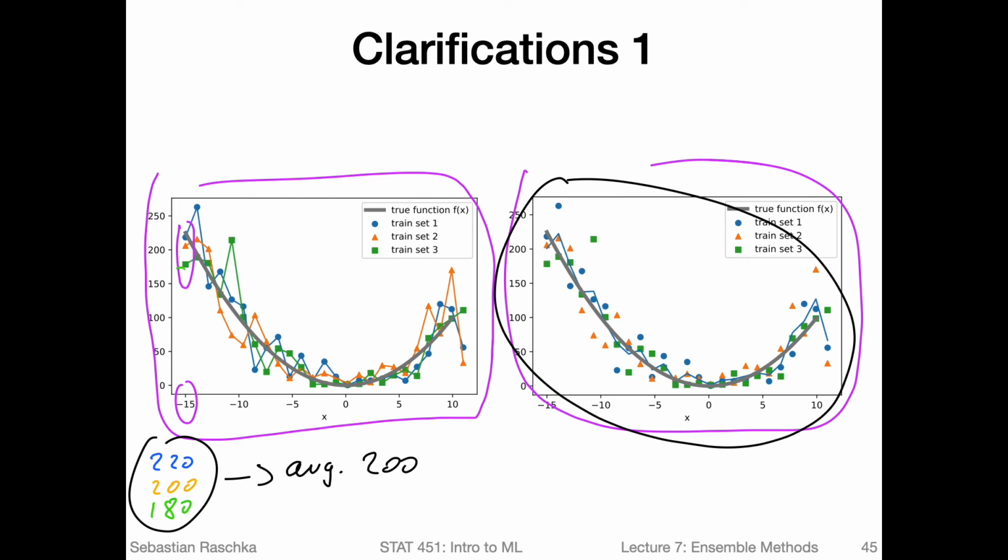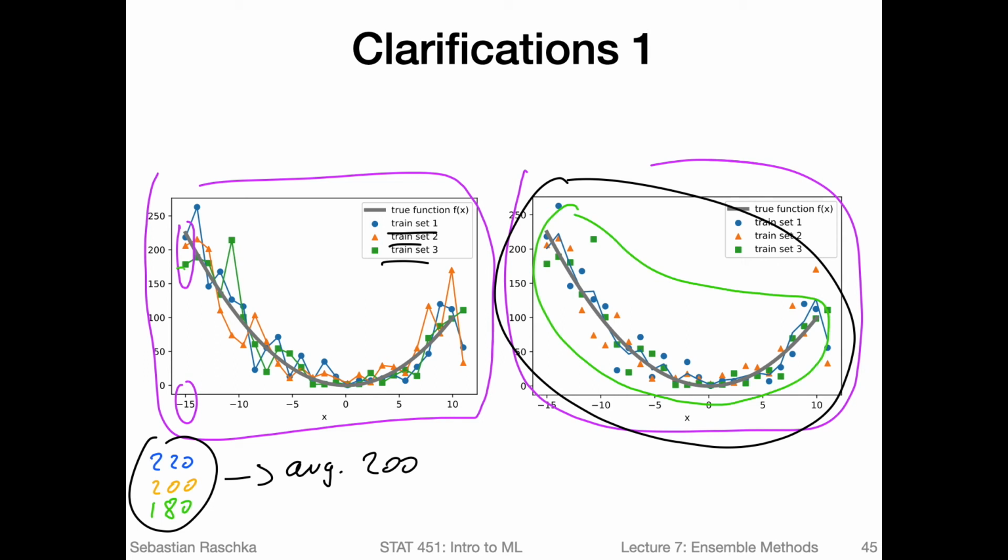So the plot on the right hand side shows the average of these 3 regression trees, and that is similar to bagging if you think of each training set as a bootstrap data set. Bagging then is the averaging in the case of regression, and in the case of classification it would be majority voting. The right hand side is of course not perfectly approximating the true function, but it comes pretty close.